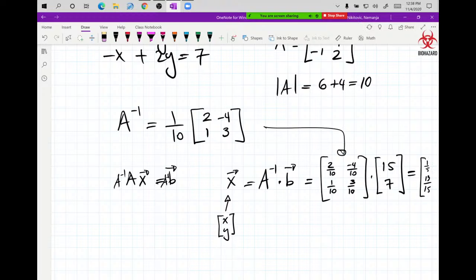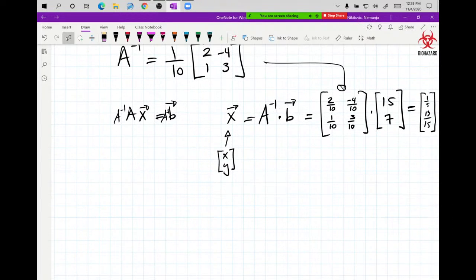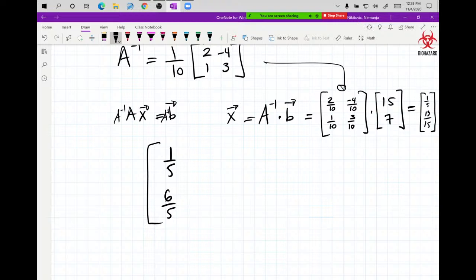How do you know it's wrong? Because 21 plus 15 is 36, not 26. So okay, what should I write? I think it's actually 6/5 for the bottom one. So 1/5 and 6/5. Yes, I think so.